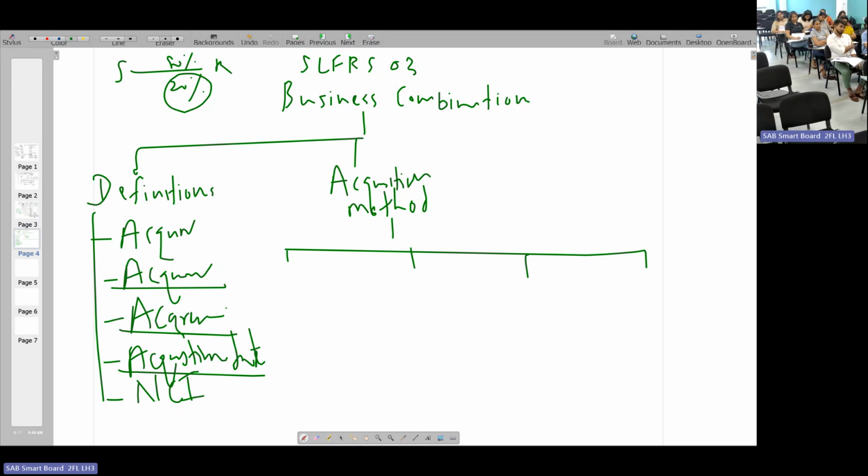The franchise has a book value in its financial statements. But you should recognize assets and liabilities at fair value. Assets and liabilities at fair value.